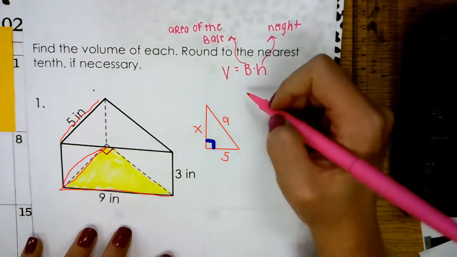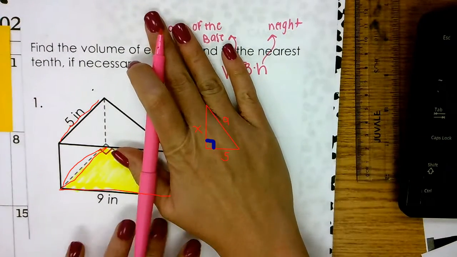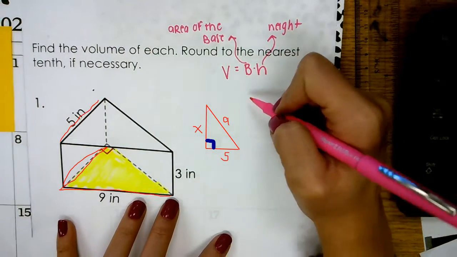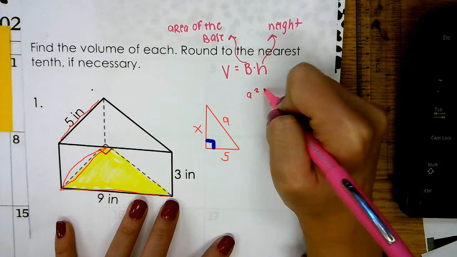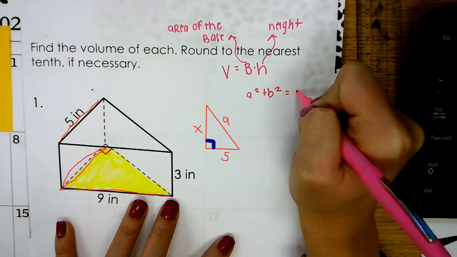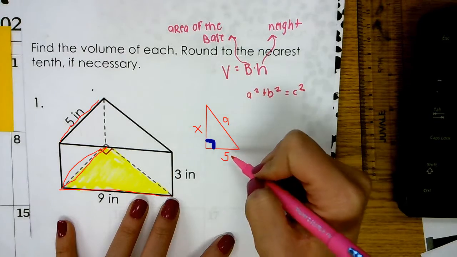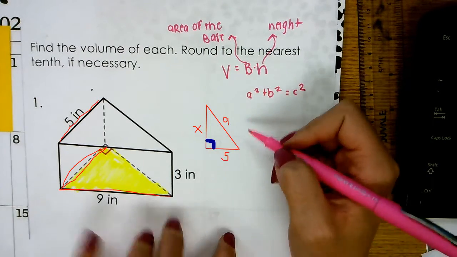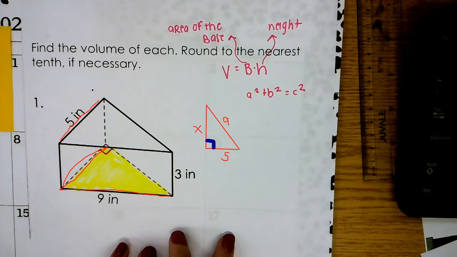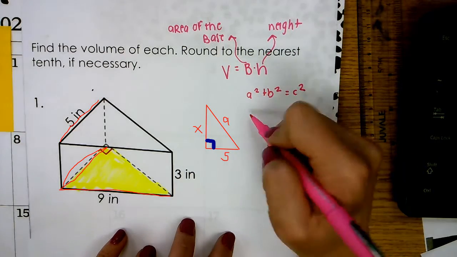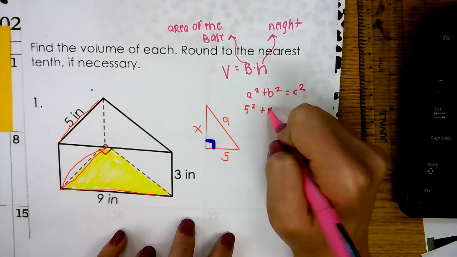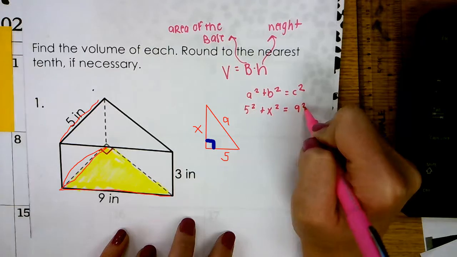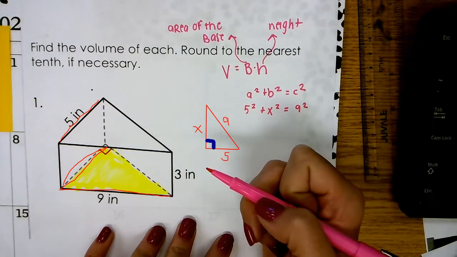So to do that, we're going to use the Pythagorean theorem. So remember, the Pythagorean theorem is a squared plus b squared equals c squared. So the sum of the squares of the legs is equal to the hypotenuse squared. So we're going to say 5 squared plus x squared equals 9 squared, because 9 is the hypotenuse.